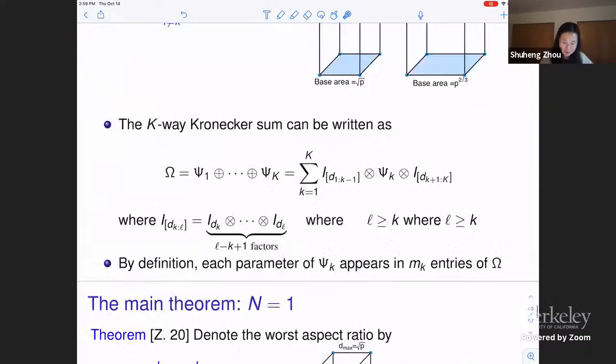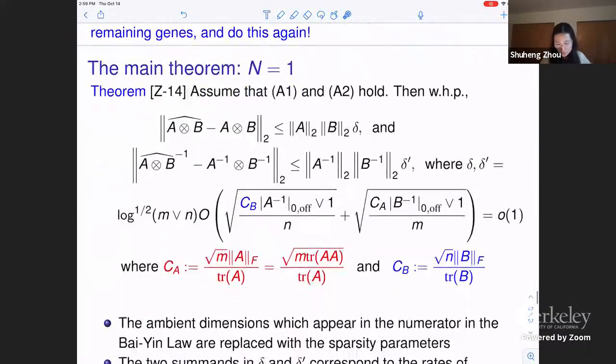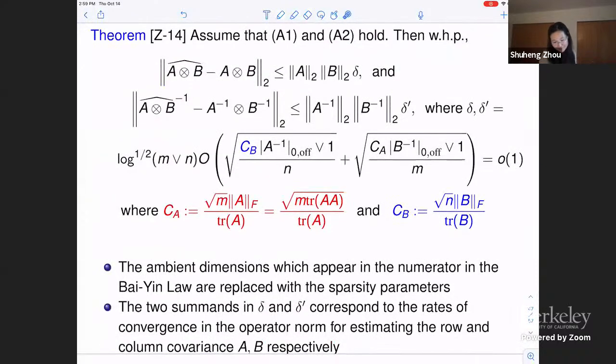So this result basically shows you need n to be at least as large as the log term. So n needs to be at least the square root of log of m, and also you need to dominate the number of edges in the other graph.